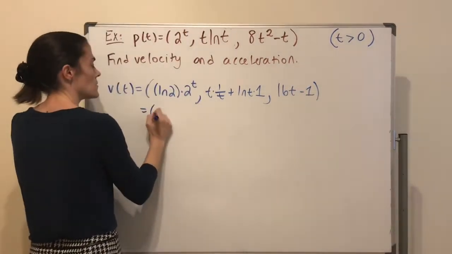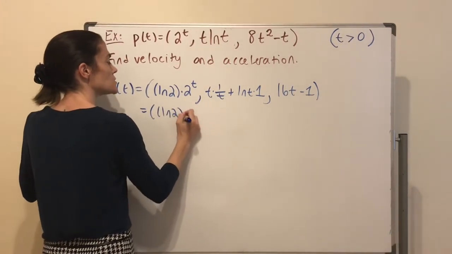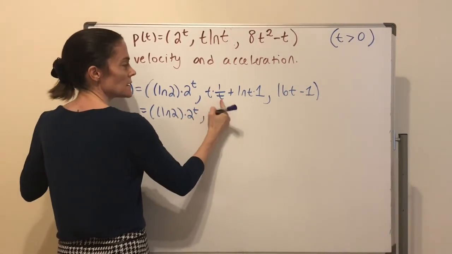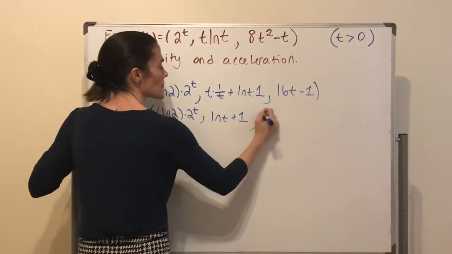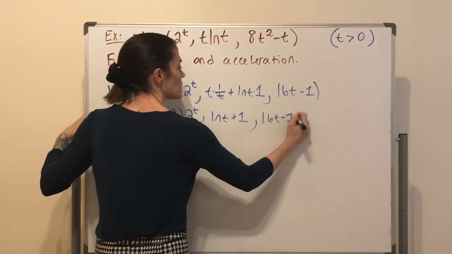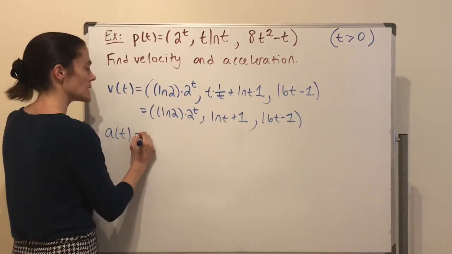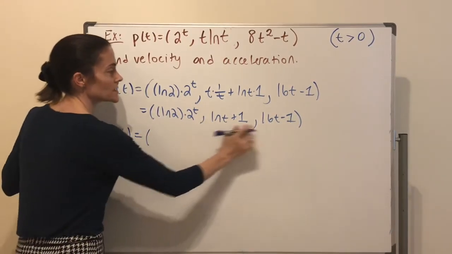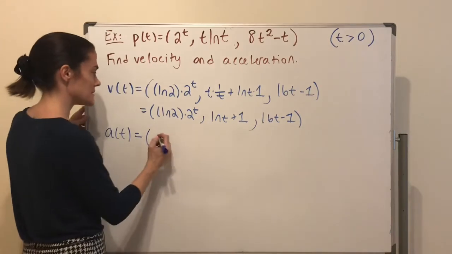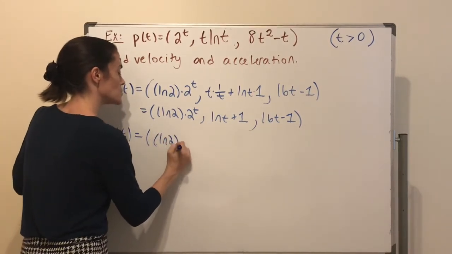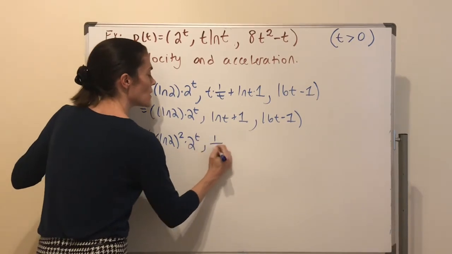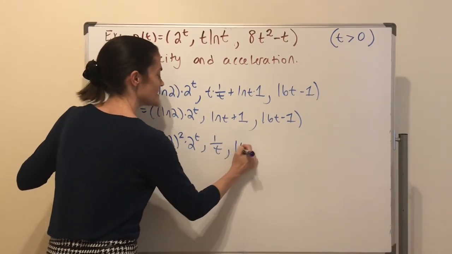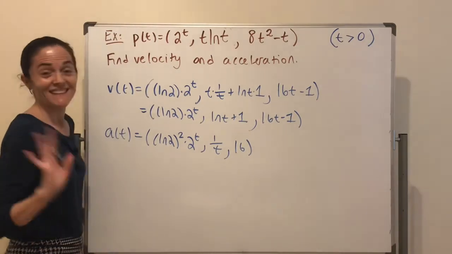Let me write it this way: ln2 times 2 to the t. This is ln(t) plus 1. And then acceleration, well, we differentiate each component. This would be ln2 squared times 2 to the t, 1 over t, and 16. Okay?